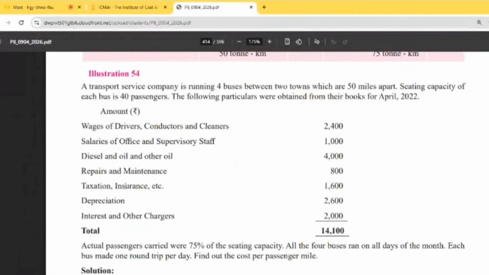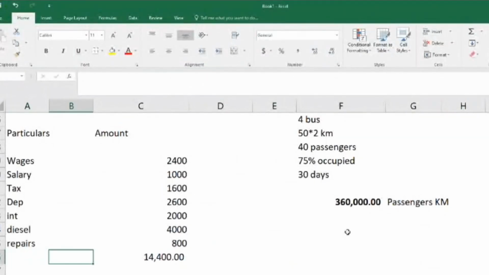So take a calculator and add 2,400, add 1,000, add 4,000, add 800, add 1,600, add 2,600, add 2,000. You will be getting 14,400 only. So the 14,100 they have given in the book is wrong. Okay, so total cost.